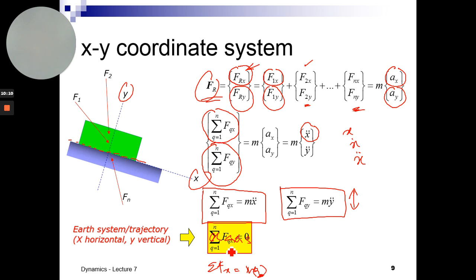So the total force acting at the X axis is equal to 0, compared to the Y axis, where the sum of external forces acting on the Y axis is equal to negative mg, if you still remember the trajectory.